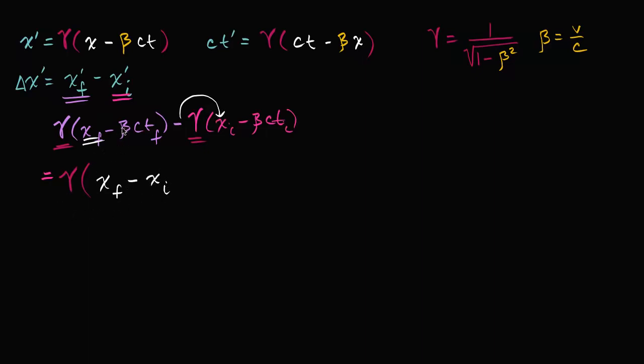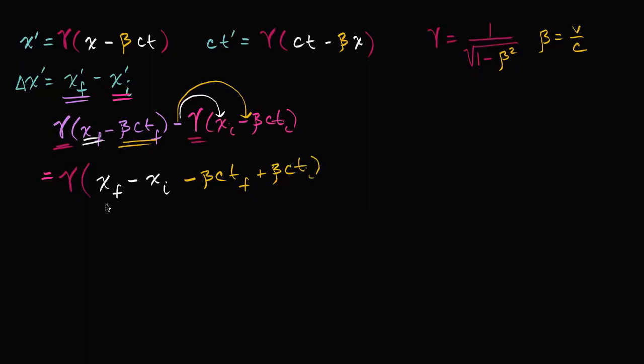And then we're going to have negative beta ct final, and then we distribute this negative, plus beta ct initial.